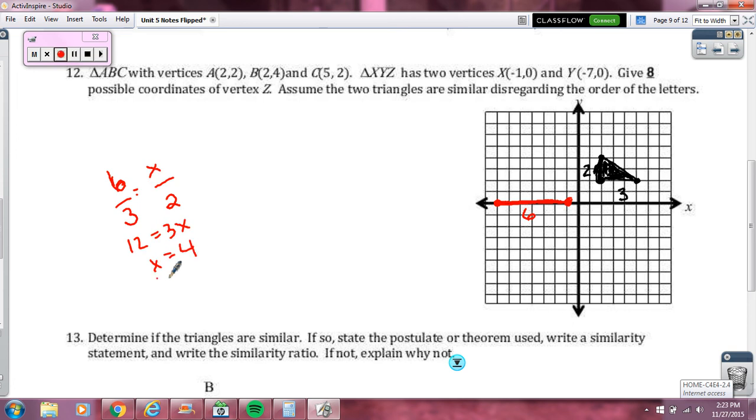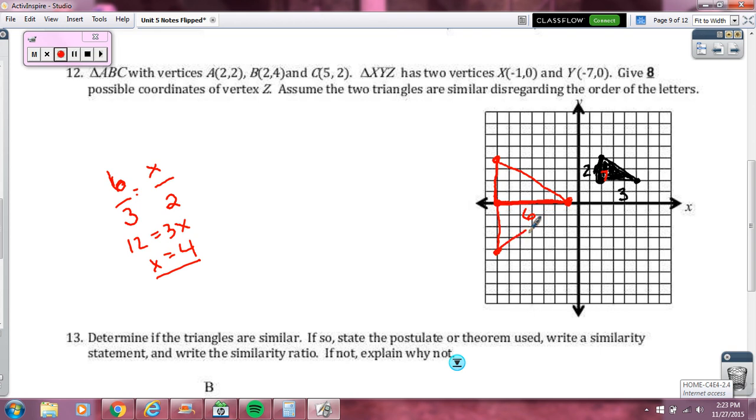I would need to make something that's 4 units long. So I see a right triangle here, meaning that this similar triangle should also be right. So to get some of my points, I could go up 1, 2, 3, 4 units. That guy would give me a similar triangle. I could go down 4 units, 1, 2, 3, 4.